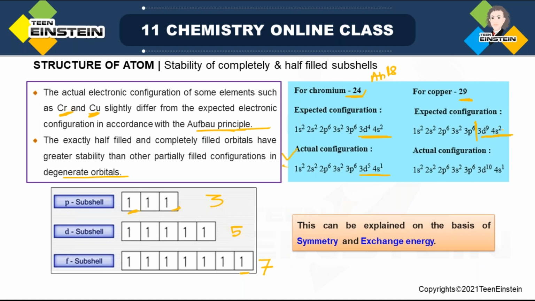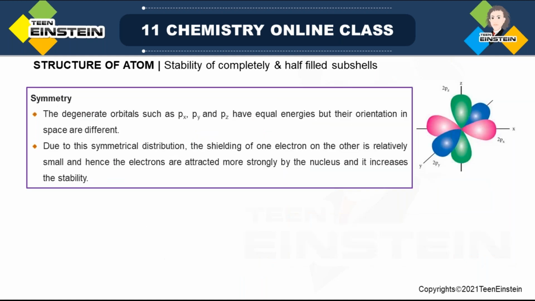But if you remove one electron from 4s and place it in 3d, it will now be 3d10 4s1. Now it is a fully filled configuration. So that is why this is the actual configuration, not the other one. But what is the reason behind it? Why are half filled configurations so stable?